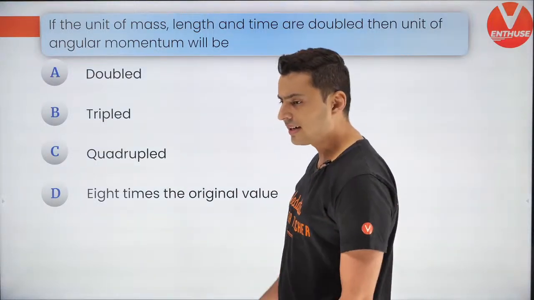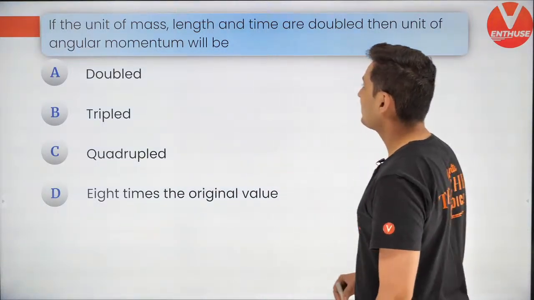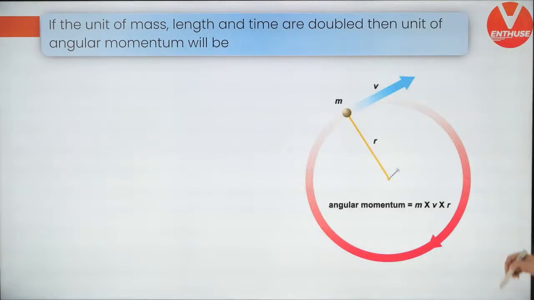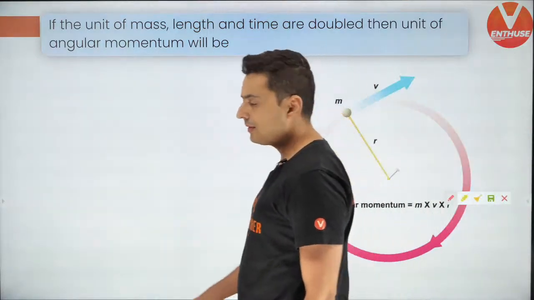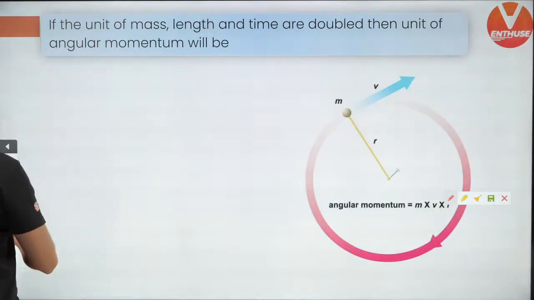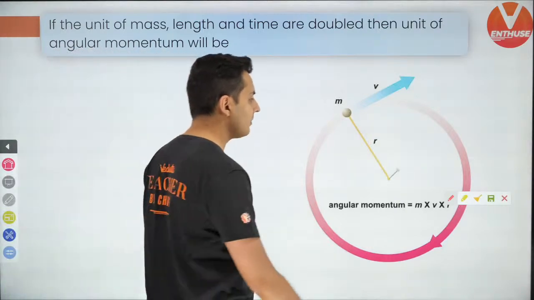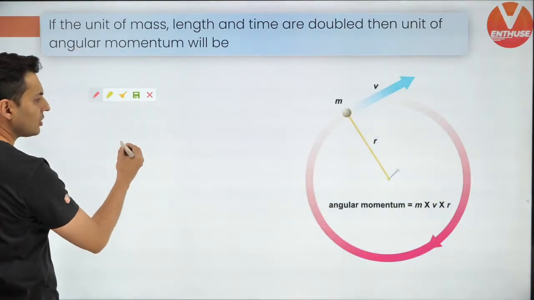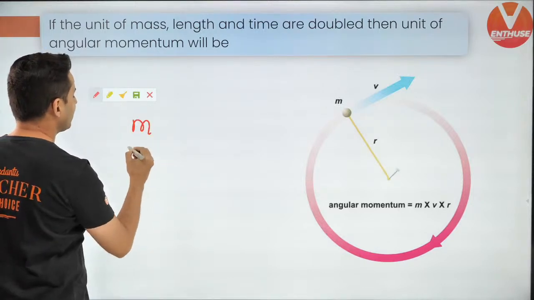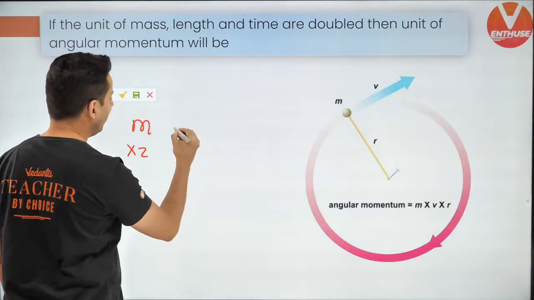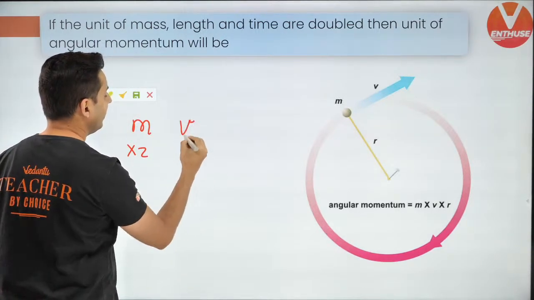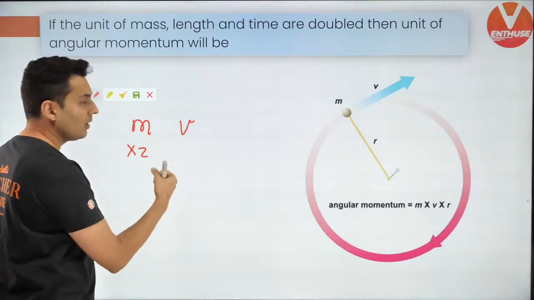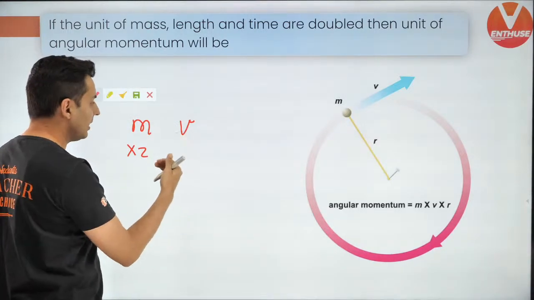Some of you have already answered. If the units of mass, length and time are doubled, then what will be the unit of angular momentum? Most of you are saying A. Let's have a look. Angular momentum is nothing but m r cross v. Mass unit is doubled. Velocity has unit of length and second, length in the numerator and time in the denominator.